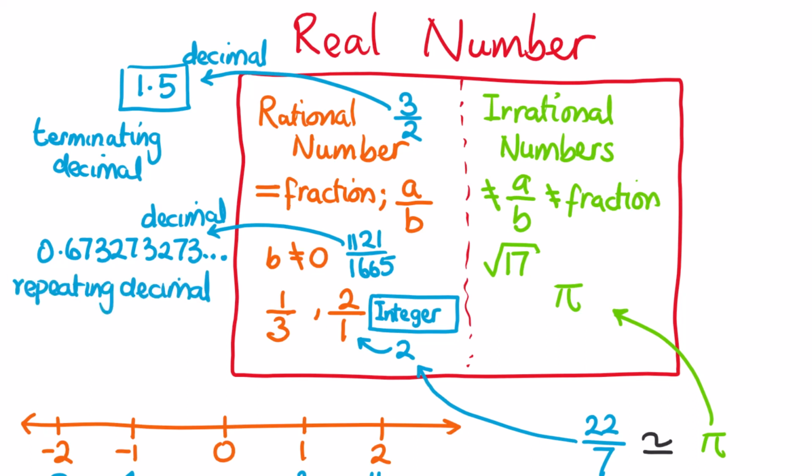Repeating decimals can be written in short form as 0.6732 with a bar above the numbers that are repeating, and this implies that 732 are repeating. Therefore, repeating decimals are fractions that are rational numbers.